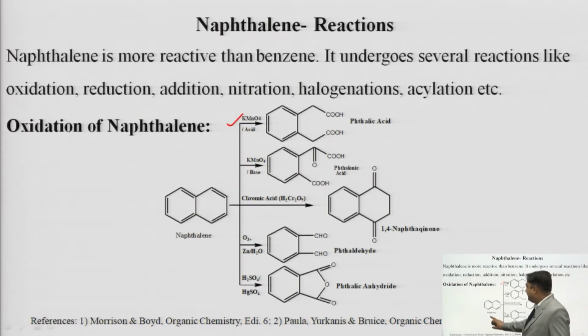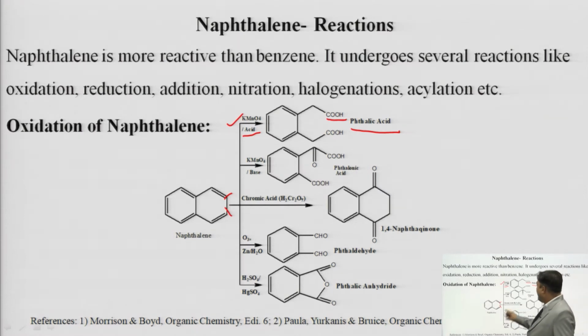It reacts with naphthalene in the presence of a strong acid as a catalyst. One of the benzene rings of naphthalene is broken and two carbon atoms are oxidized into carboxylic acid. As a result we get phthalic acid.